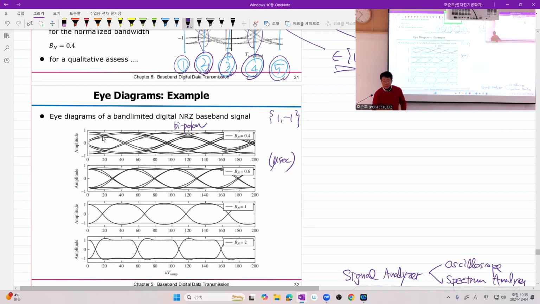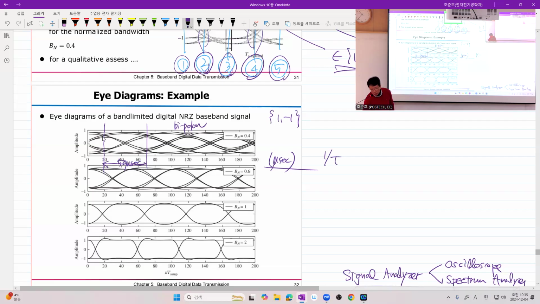Now, what is the symbol rate? The symbol period must be measured from around here to where? So you need to measure the time interval, which is around what? 50 microsecond. Yeah, if it is microsecond, this is 50 microsecond.